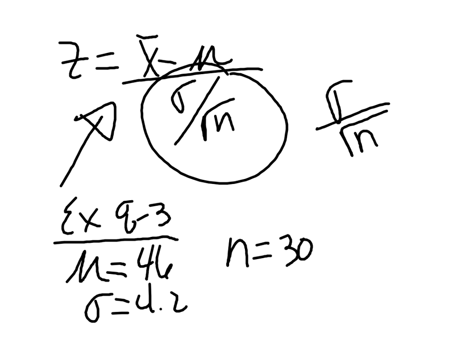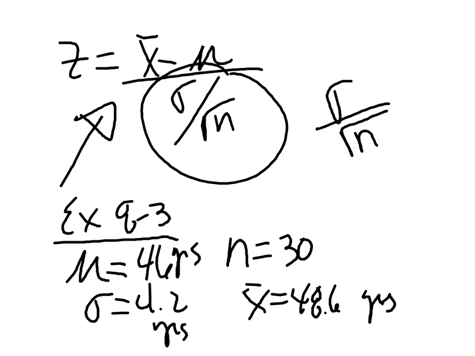Okay, and from the random sample of 30 doctors, they found out that the average age was 48.6. That's a sample mean. I'll put years on here just so we don't mix up our units.